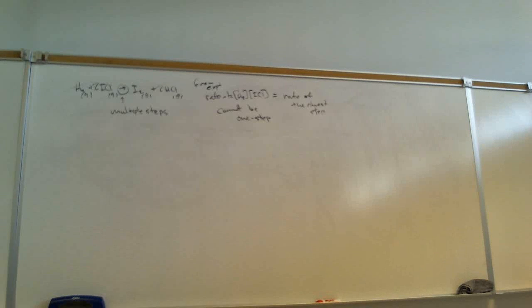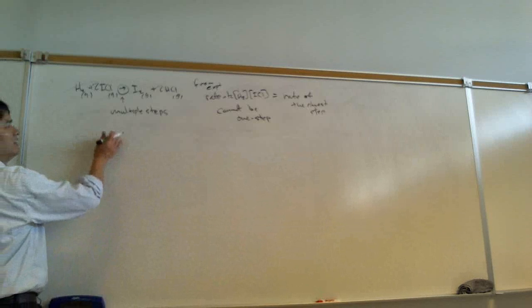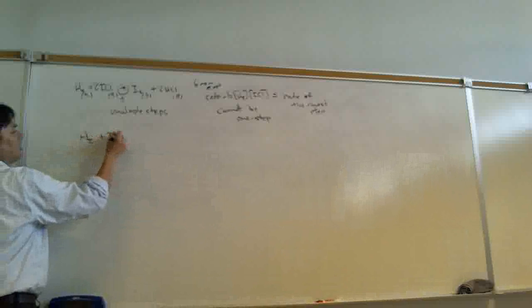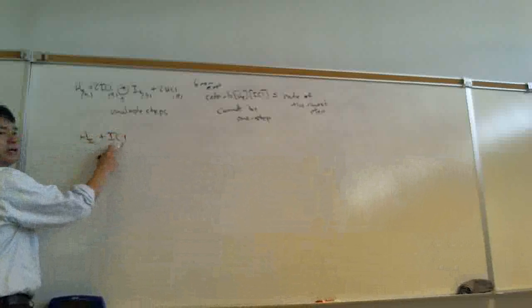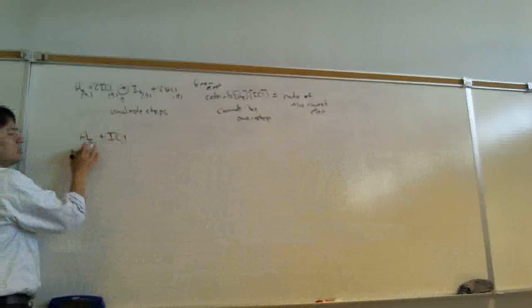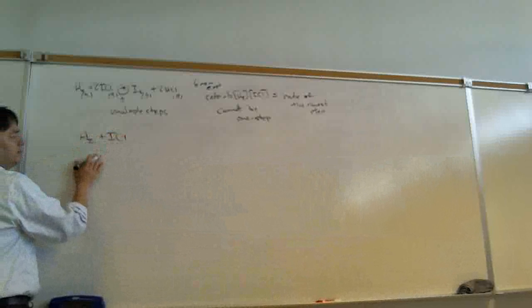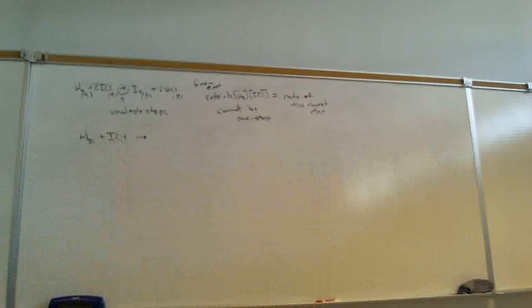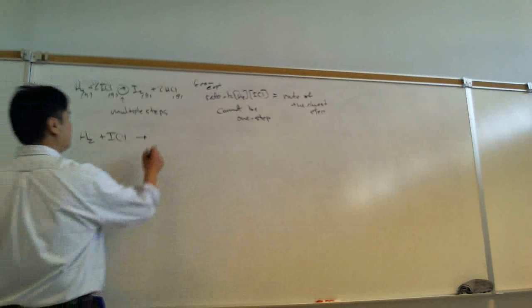So in fact, let's just do that as step 1. An H2 collides with an ICl. This would be first order in H2, first order in ICl, because it's just a one-to-one collision. What forms though? An H2 collides with an ICl. What would form? Yeah, probably an HI and an HCl.